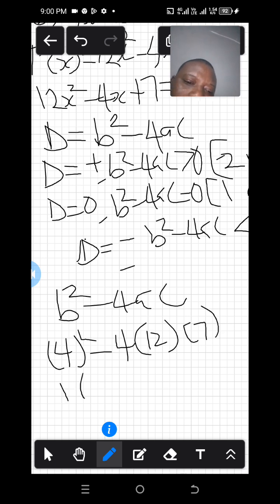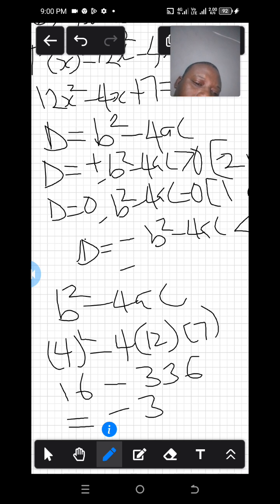So we have 16 minus 336, and we end up getting minus 320.